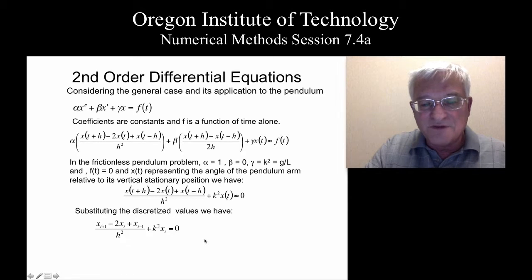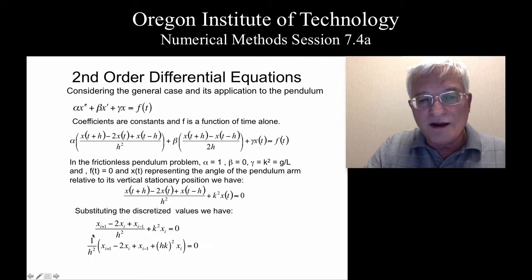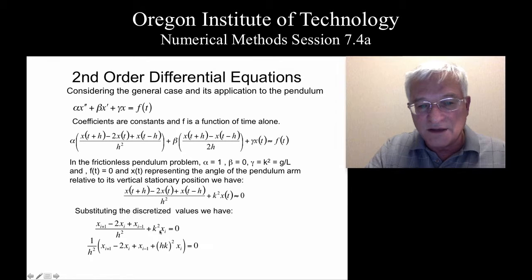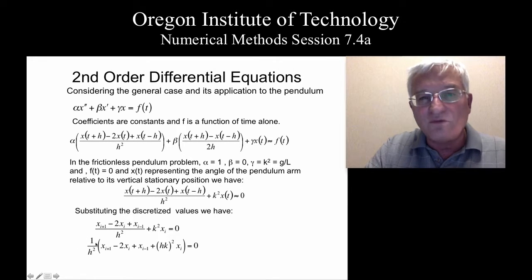Now we could also simplify this even further. We could factor out the h squared, or 1 over h squared, and we end up with an h squared times k squared for this term here to make that work. And we're going to get rid of the 1 over h squared altogether just because it's messy. I'm going to rearrange things a little bit.